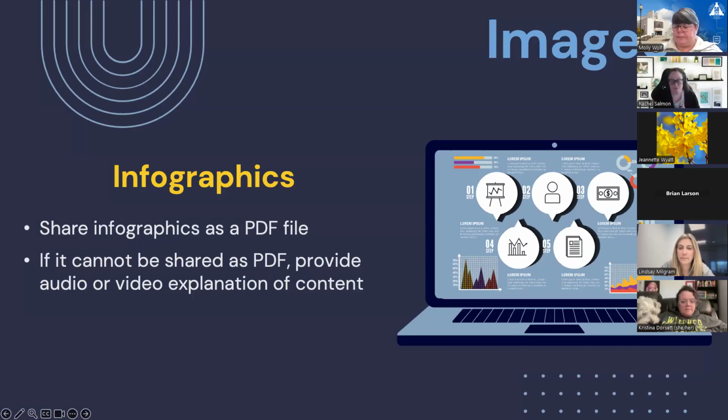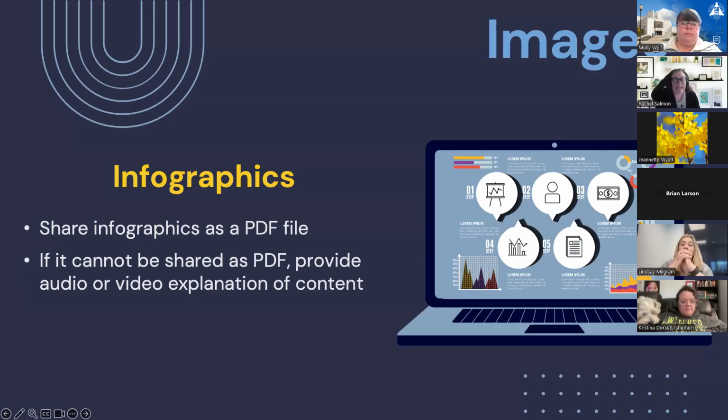However, if you share it as a JPEG or a PNG file, it will not be accessible. If someone relies on a screen reader, it will say image and then read the file name, or if there's alt text, it will read the alt text, but that's it.